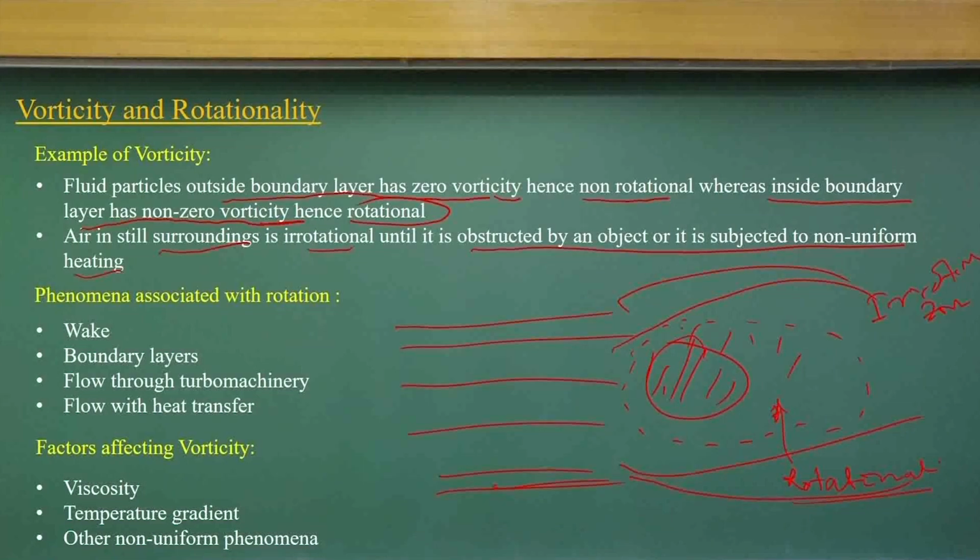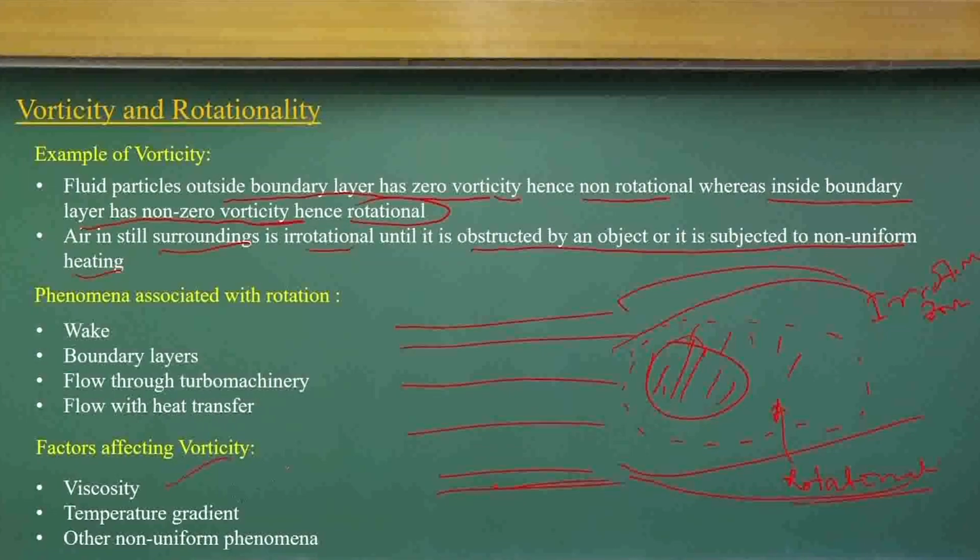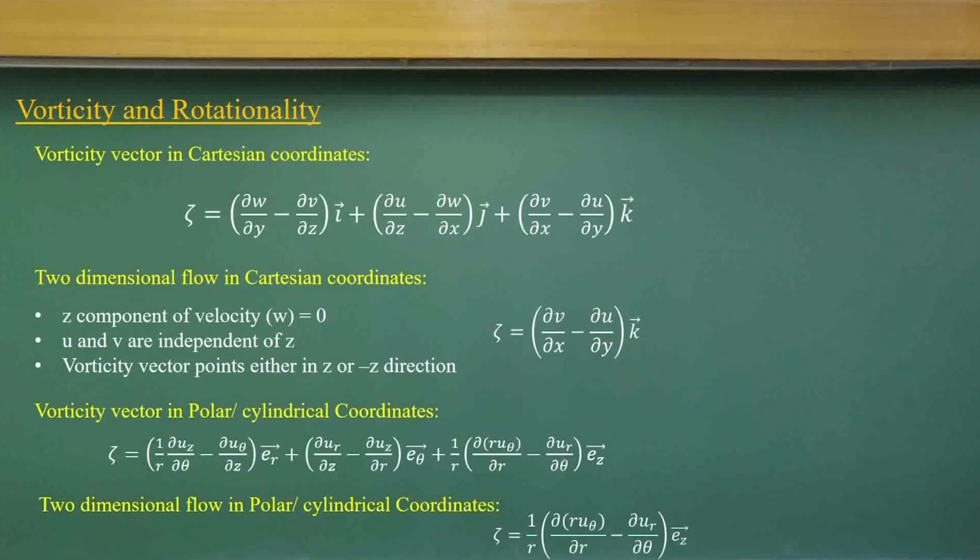It happens for flow through turbomachinery, the wake formations and so on, which causes viscosity, temperature gradient and non-uniform phenomena. Now, in terms of vorticity vector coordinates, if I put it in i, j, k, I will have these components. If I am looking at two-dimensional flow, the flow does not have the z component, and u and v are independent of z, so I have only one component.